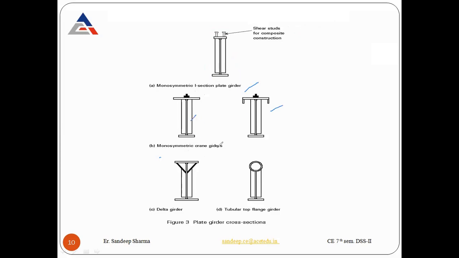Then we have the monosymmetric crane girders, in which you can see this kind of delta girder and the tubular top flange, which you can also use in the case of plate girders in combination. So we have many types of plate girders as per the usage.